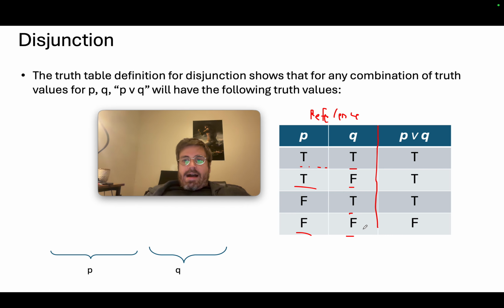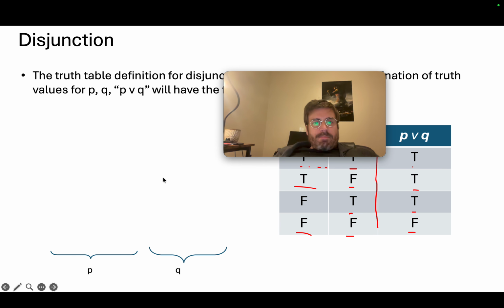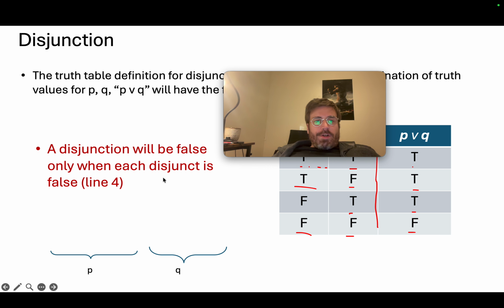And now have a look at the values for wedge. When we bring together P and Q under the disjunction wedge, you'll notice I have three true values in the first three rows and one false value. So what could our truth function rule be? Well, it seems to be that disjunctions are false when each of the disjuncts is false.